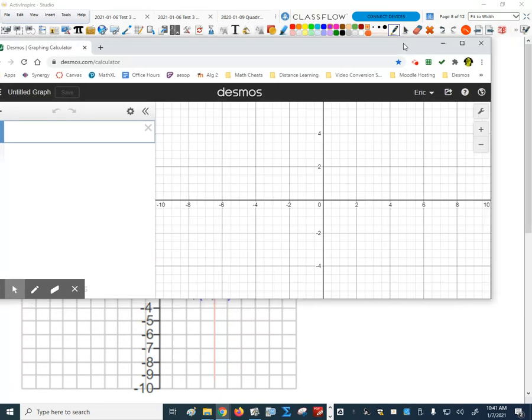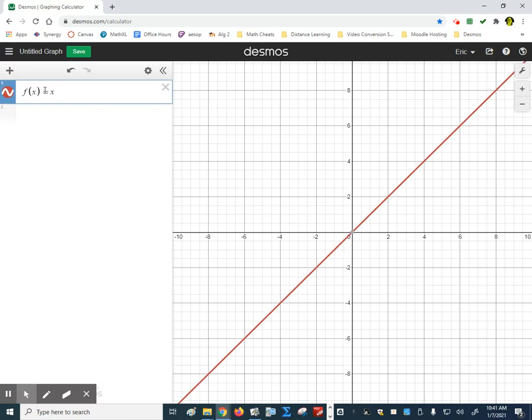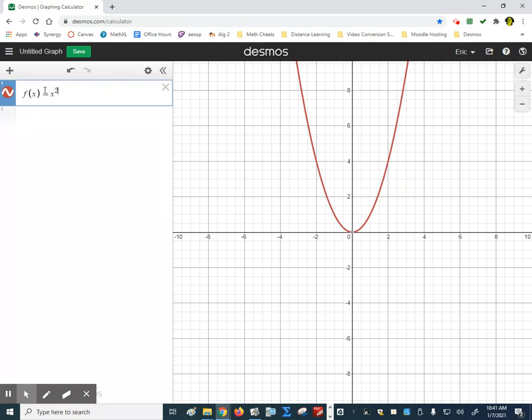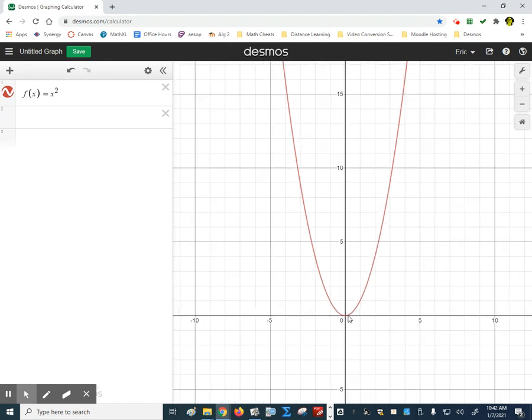Right, and our parent graph is always just y equals x squared, right? Okay, f of x equals x squared, so that's always what we're thinking in terms of, is just the graph of y equals x squared. And conveniently for us, we can see that the origin is on the vertex for our parent graph. It makes it easier to think about. Let's look at some points here. The origin, or the vertex in this case, is at 0, 0.